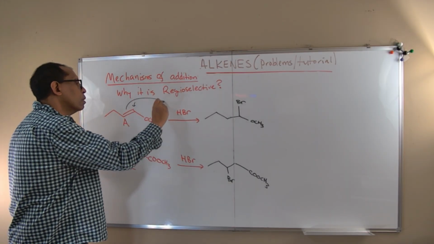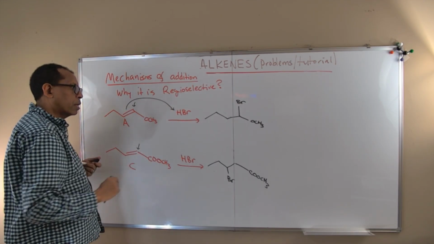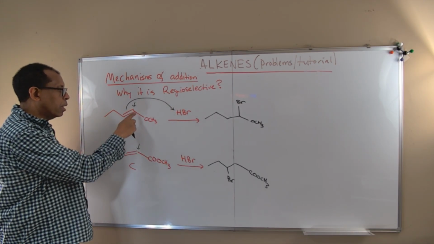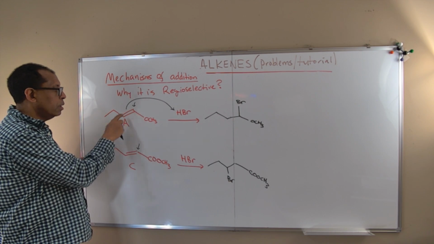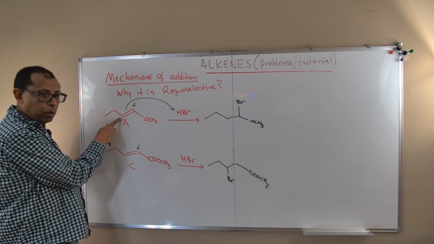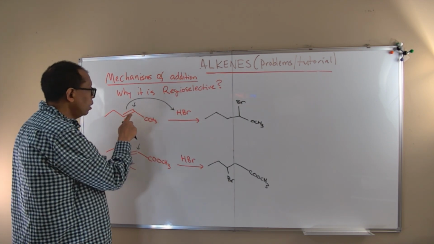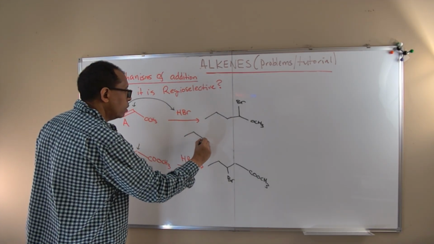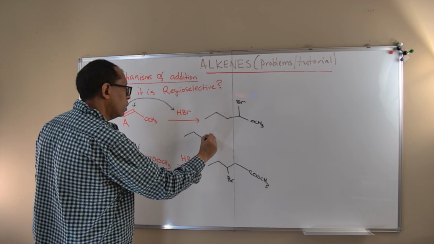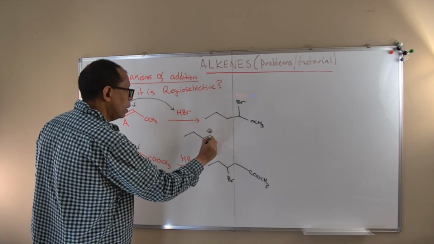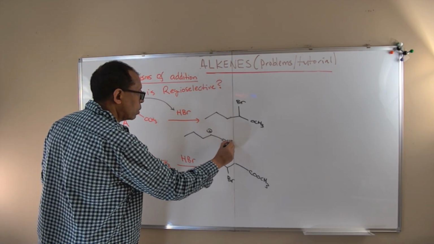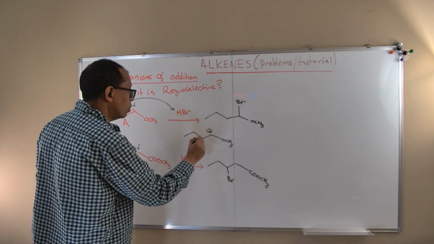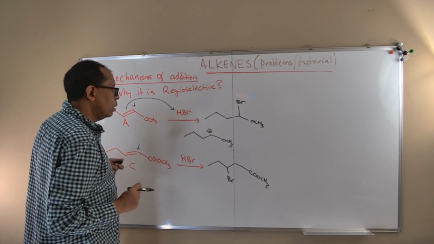So if I just abstract that proton, the carbocation that's formed is not on this carbon, obviously, because Br comes on this carbon. So the carbocation that's formed is this carbocation and OCH3. 1, 2, 3, 4. Okay.